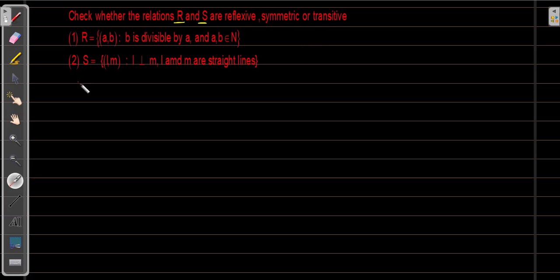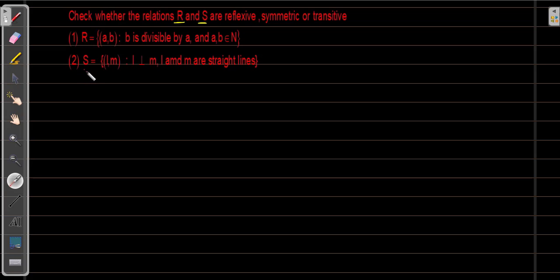Relation R is defined on the set of natural numbers, and it contains all those ordered pairs (A, B) such that the second element B is divisible by the first element A, where A and B are natural numbers. So we have to check whether this relation R is reflexive, symmetric or transitive.